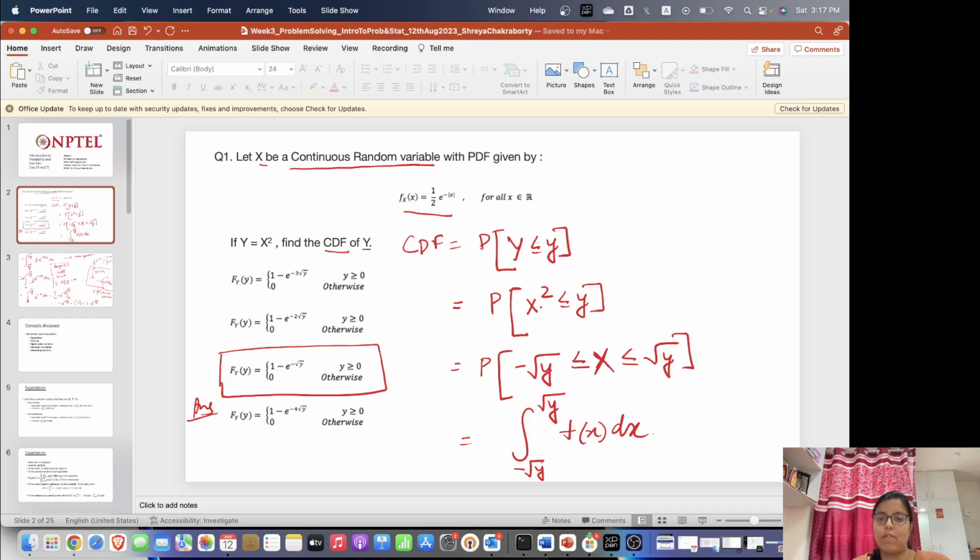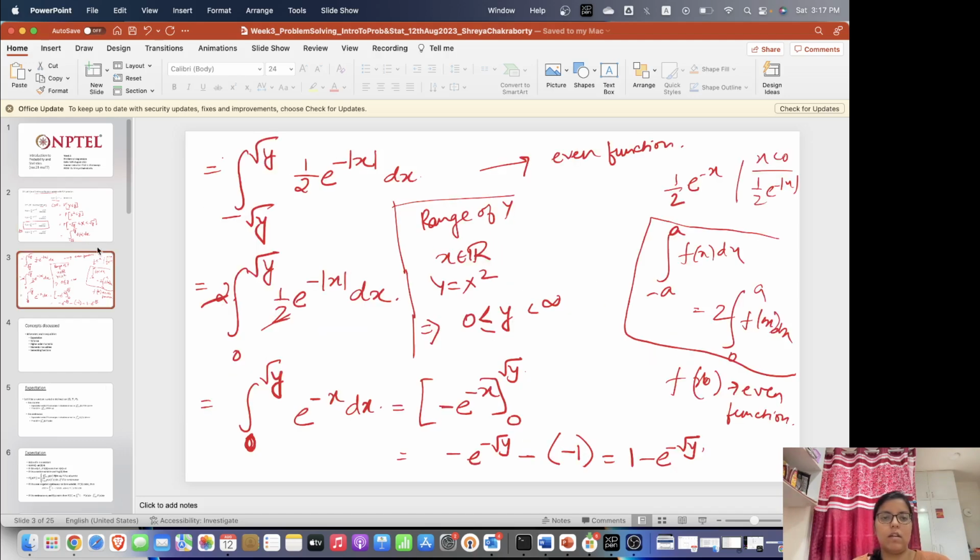Instead of capital Y, we'll write x square less than or equal to y, and then we'll break it up and write it as minus root y less than or equal to x less than or equal to root y. Now since we have expressed this probability in terms of x, we need to integrate the PDF of x within these bounds.